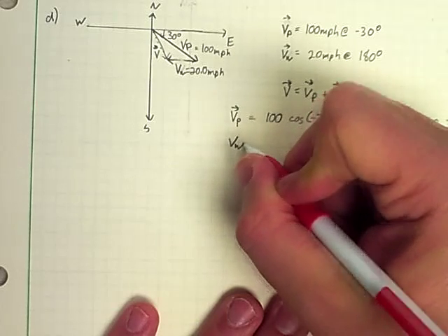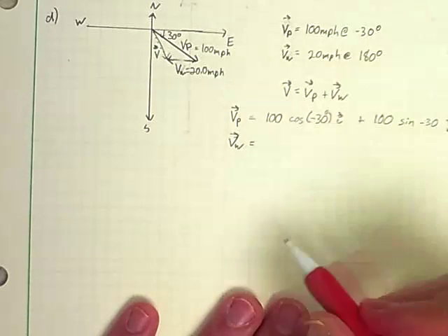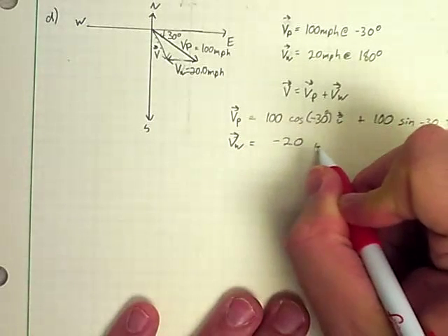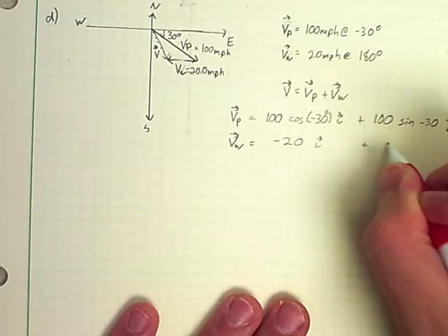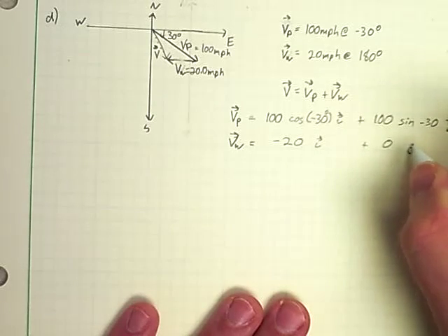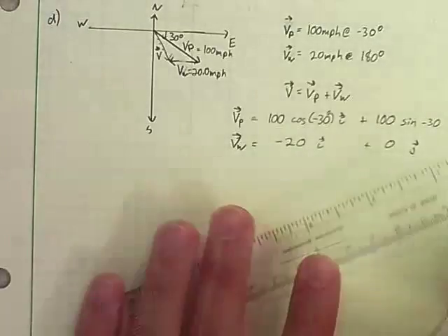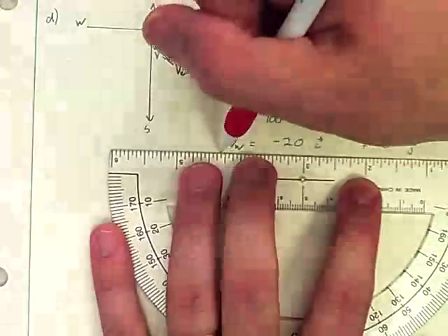And velocity of the wind is going to be negative 20 in the I direction with nothing in the J direction. So again, we get help by at least half of it being simple.